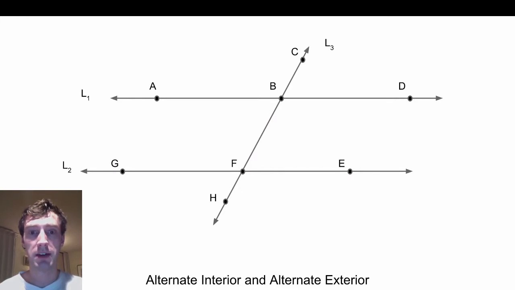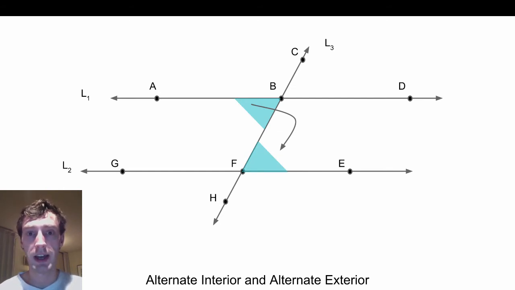When we're talking about interior and exterior, we've got alternate pairs. So an alternate interior pair and an alternate exterior pair. Alternates are always across the transversal from one another. So when I have an interior angle on one side, the alternate interior is on the other side of the transversal and also on the interior.